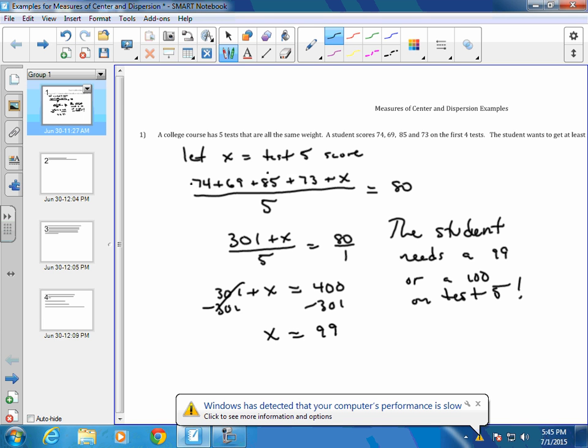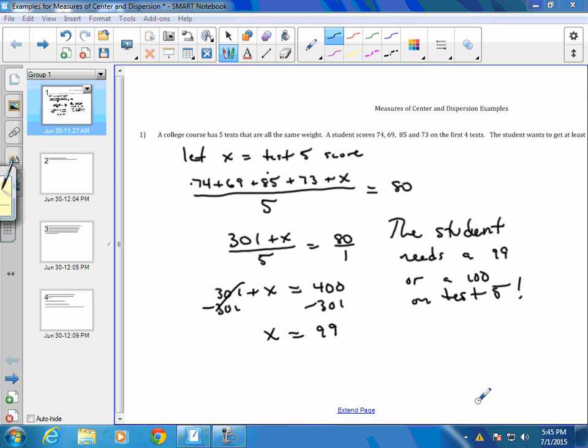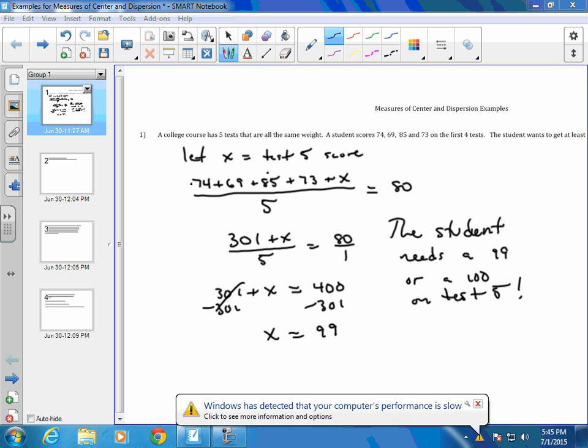Here, since they gave me the individual scores, I can just add them up. This is a pretty common question in a bunch of different courses, not just stats, and it always seems to give people a little bit of a hard time, so we wanted to take a look at one of them here.